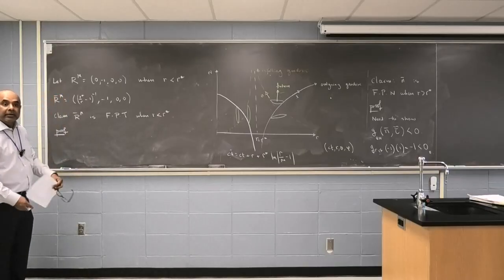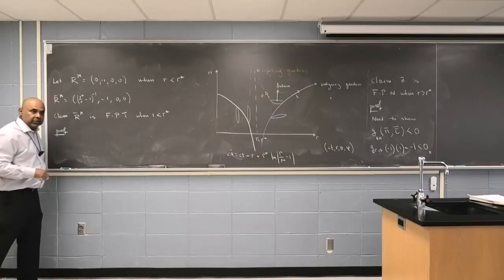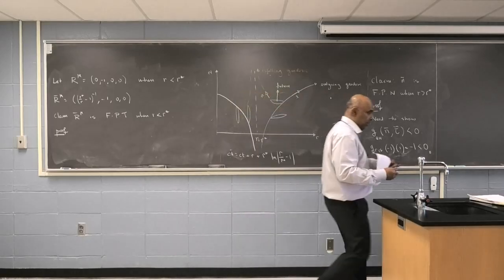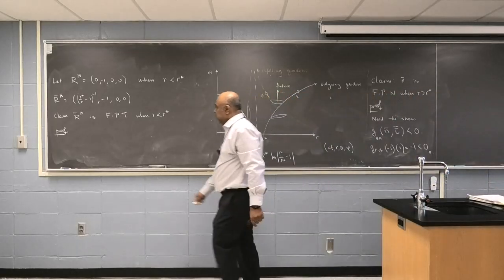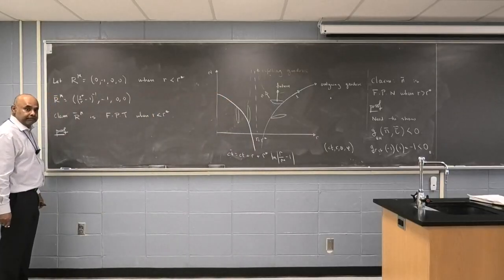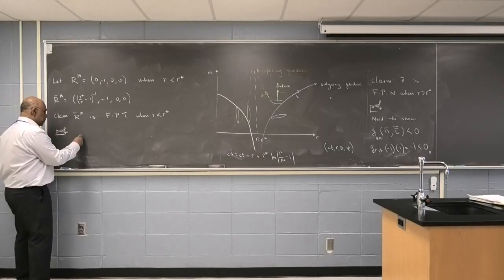How do I prove that? What do I need to show? I want you to tell me. You would need to show that the metric computation of R bar mu. What letter do I begin with?